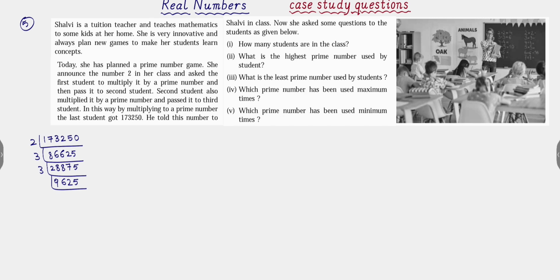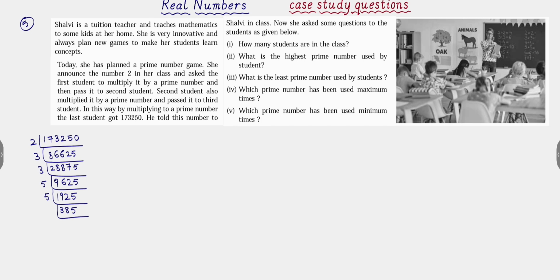So we can go by 5. In the 5 table, 5 1s are 5, 46, 5 9s are 45, 12, 5 2s are 10, 25, 5 5s are 25. Again we can do by the 5 table, 5 3s are 15, 4 will be left, 42, so 5 8s are 40, 2 will be left, 25, 5 5s are 25.